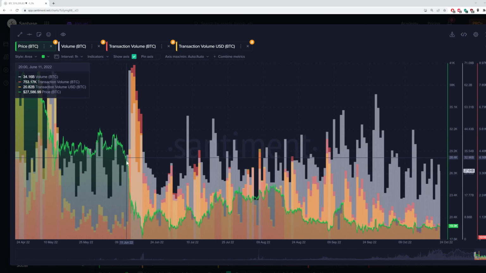And then as it starts to free fall again, when the next FOMC report comes out, people are very interested in the price continuing to move downward. For example, right here on June 13th, you see a huge volume bar for trading volume and transaction volume, both in Bitcoin and USD.